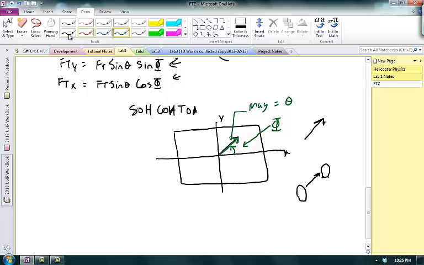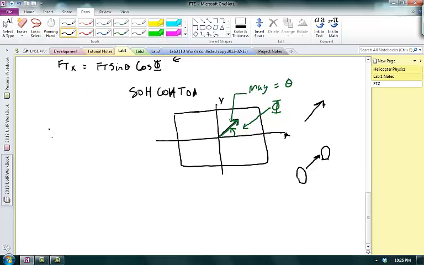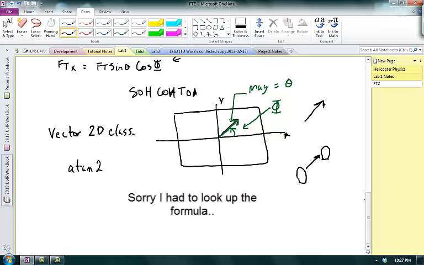And I gave you a vector 2D class that takes a vector and will give you, well, actually the vector, we have to do a tan 2 on it. So let's take a look at that.